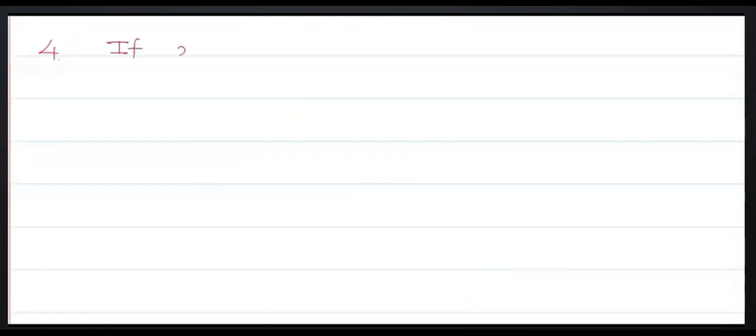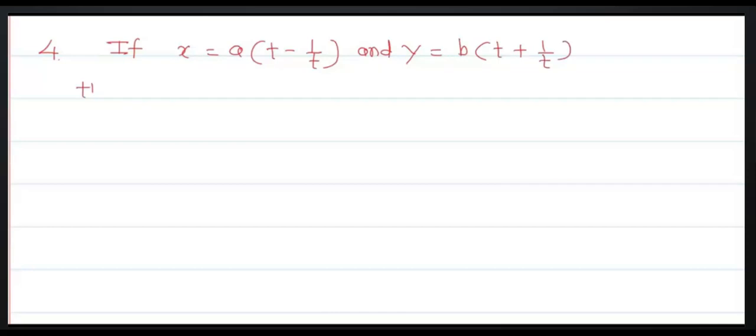Now the next is, if x is equal to a in bracket t minus 1 upon t and y is equal to b in bracket t plus 1 upon t, then show that dy by dx is equal to b square x upon a square y.